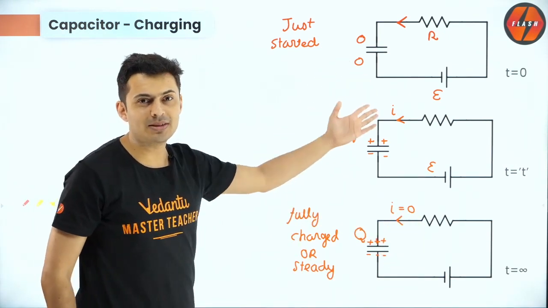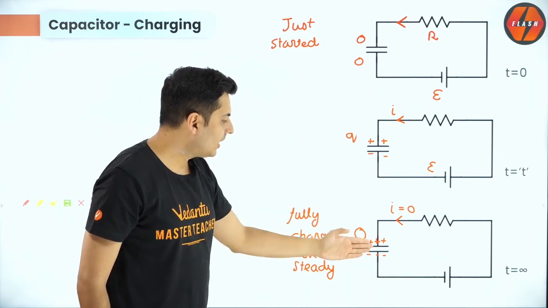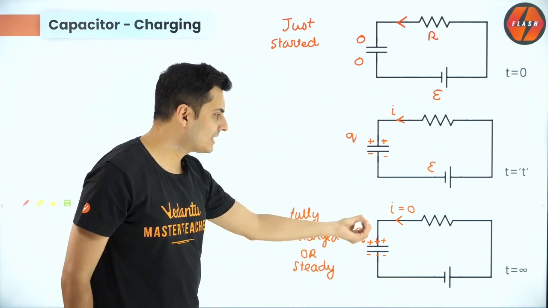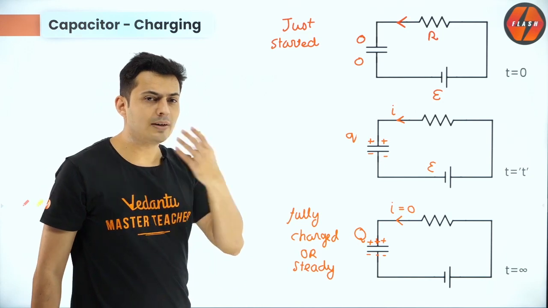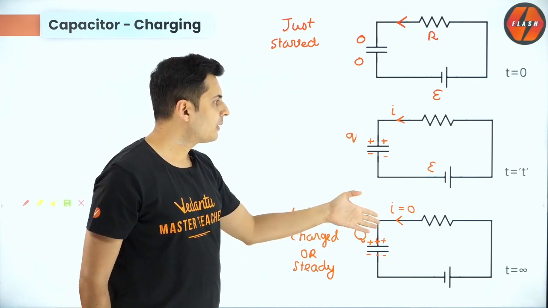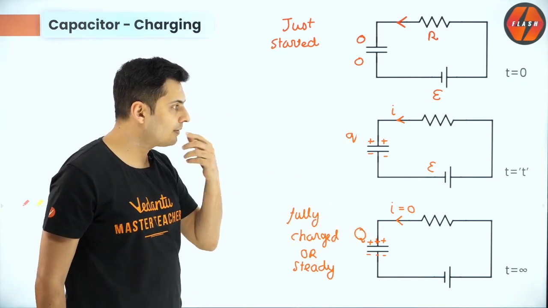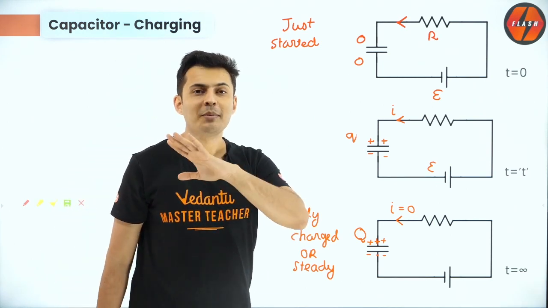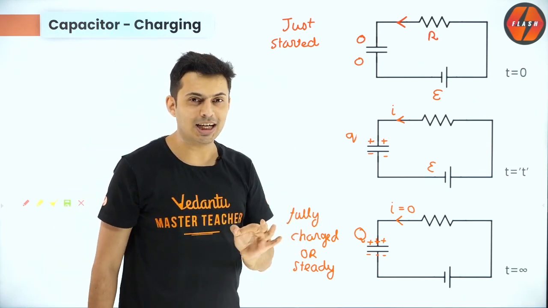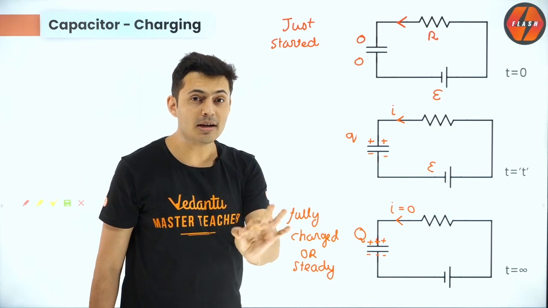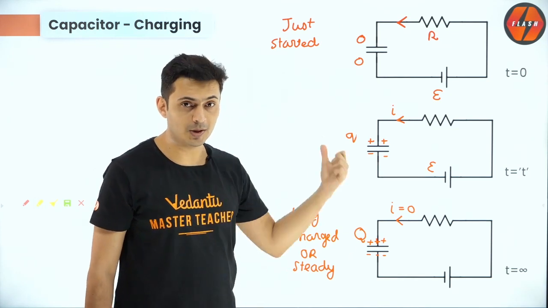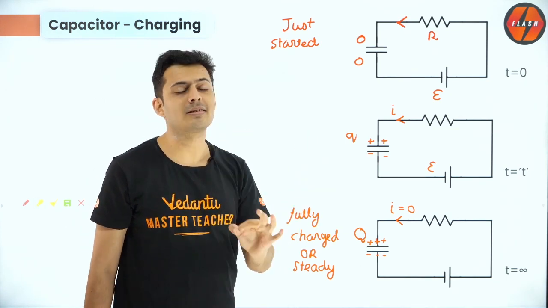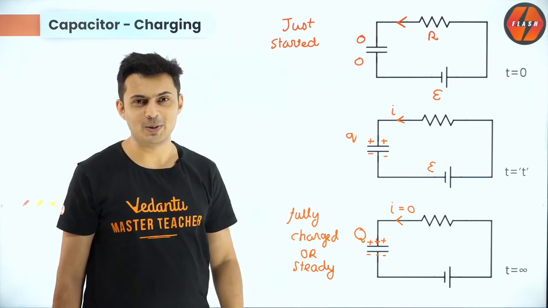Usually, the problems you had seen before were all ones where the capacitor was fully charged. You might say, sir, we didn't account for the time where it was charging. What if we have gone wrong? Don't worry. Most of the time, the time taken to charge a capacitor is a few microseconds or milliseconds. You're going to see the formula. It's going to be extremely small, so you don't really have to worry about it.